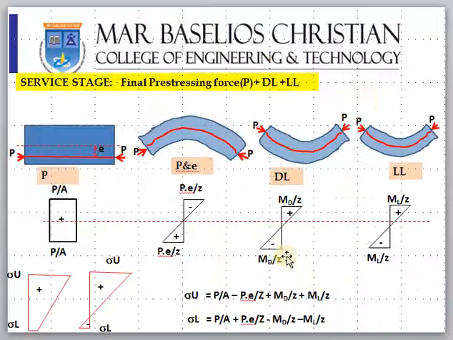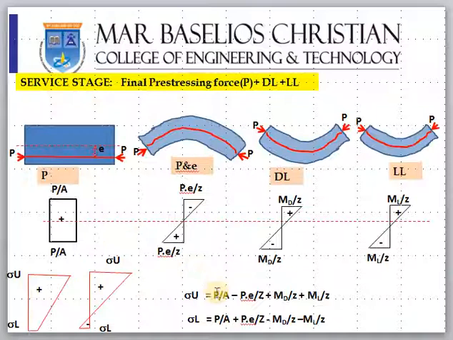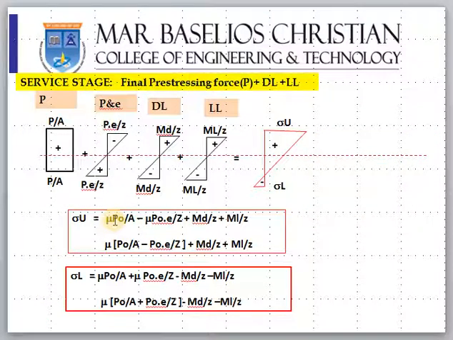So at the service stage, your upper stresses will be P by A. Instead of P by A I can write eta into P0 by A, because the final pre-stressing force will be eta times the initial pre-stressing force.